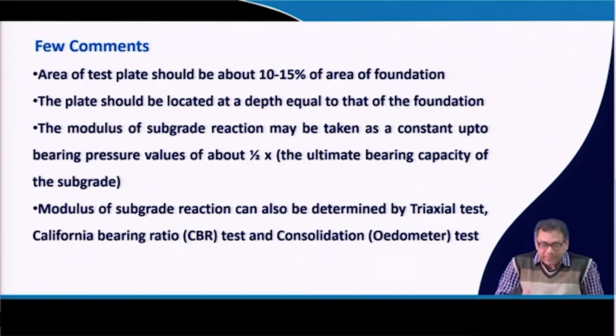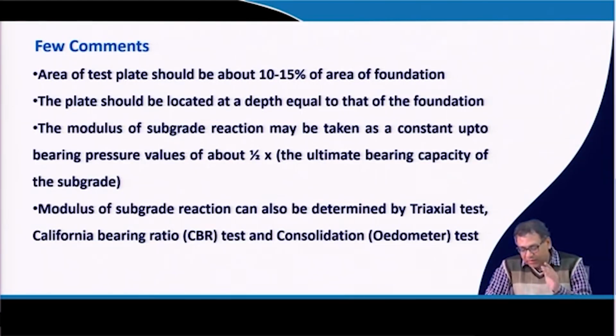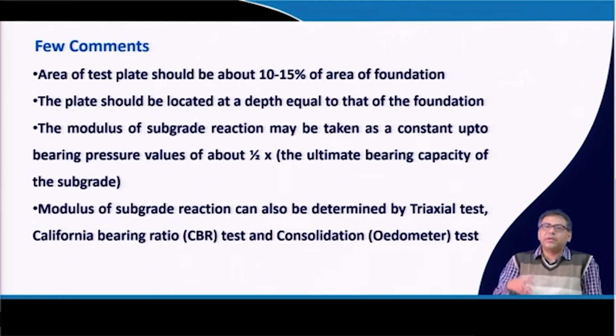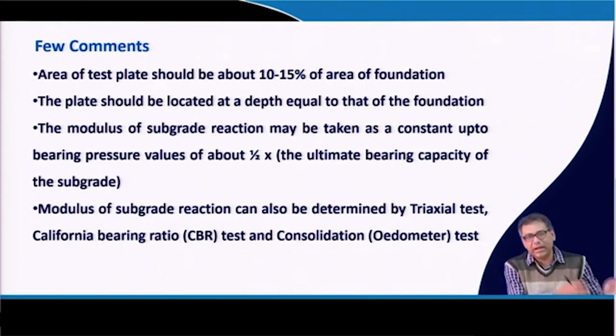Now, I have discussed the determination of modulus of subgrade reaction by using the plate load test. I have given some correlations also, but the subgrade modulus can also be determined by the triaxial test, CBR test and oedometer test, or consolidation test. And we have correlations between these CBR values and the subgrade modulus value.